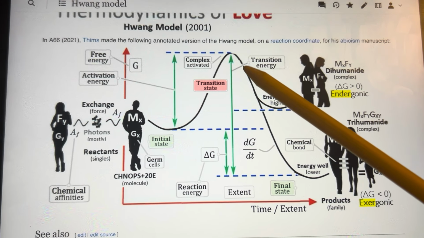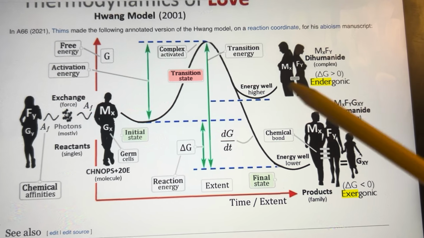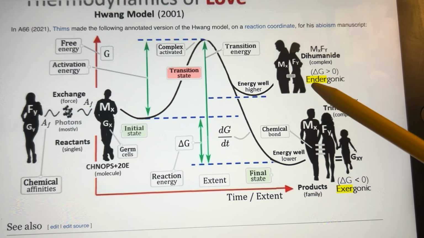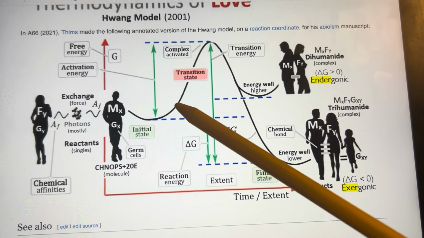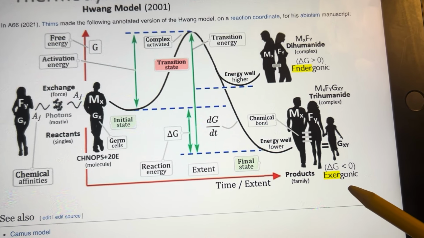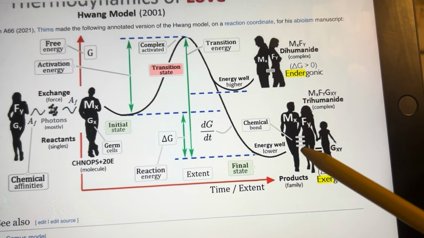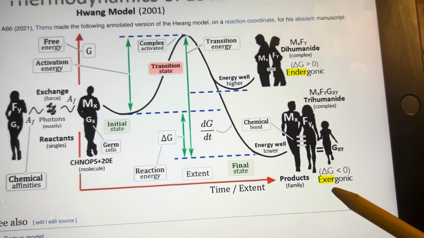Either they go through a transition energy barrier and form products on the unstable side of the reaction, which are called endergonic, or they collide and react through the transition state and form exergonic products, such as a married couple and child, which are work energy releasing.